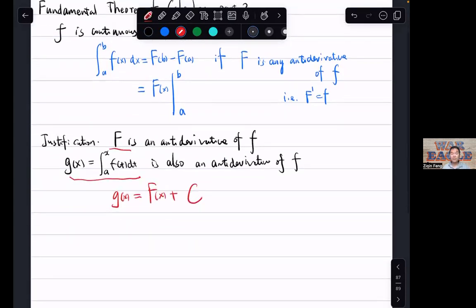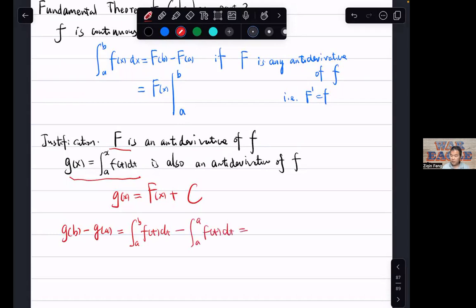That's basically one implication of the mean value theorem. So let's try to calculate g of b minus g of a. By the definition, this is the integral from a to b of f of t dt minus the integral from a to a of f of t dt.